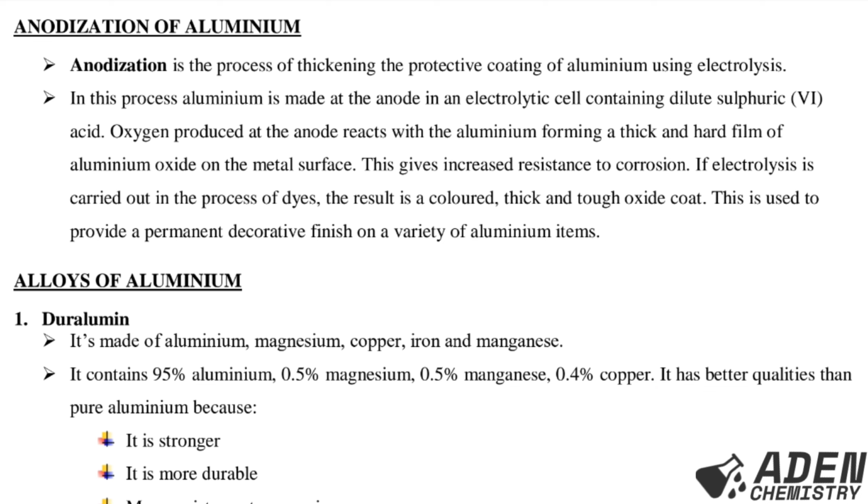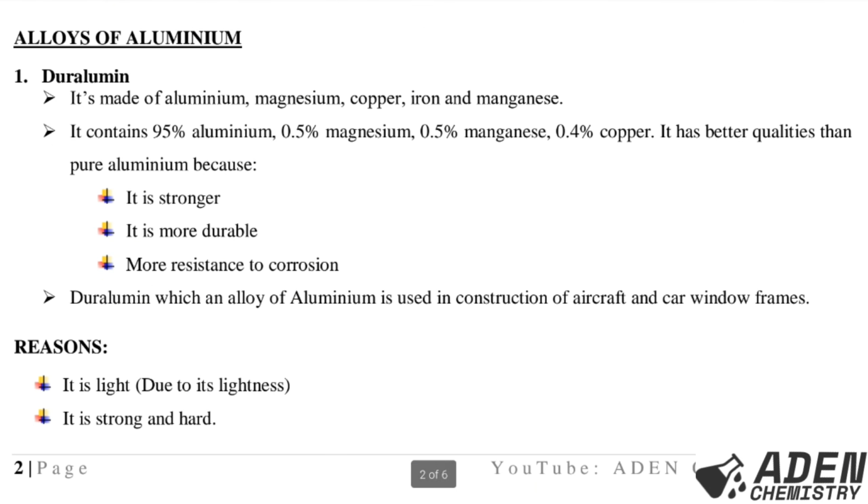It has better qualities than pure aluminum for 3 reasons. The first reason is that it is stronger compared to pure aluminum. Number 2, it's more durable compared to pure aluminum. Then lastly, it's more resistant to corrosion.